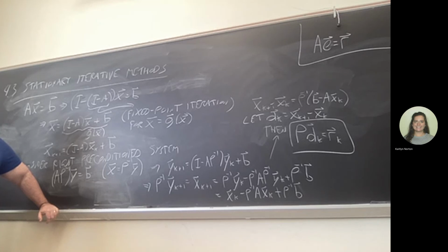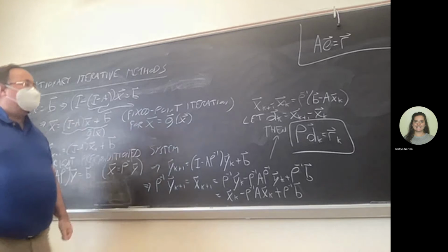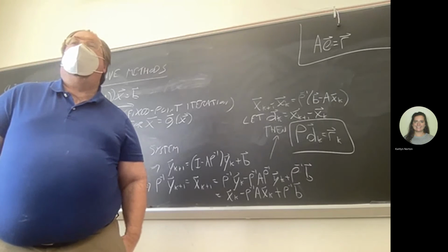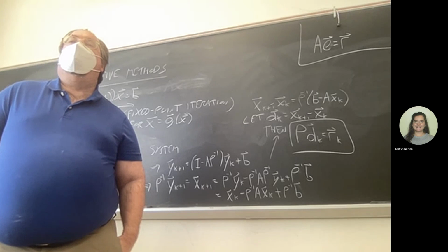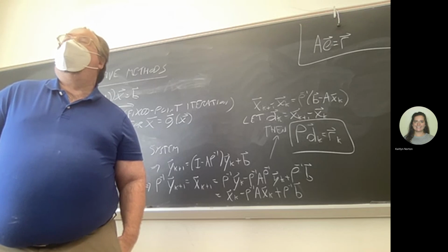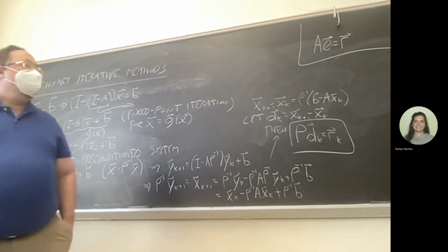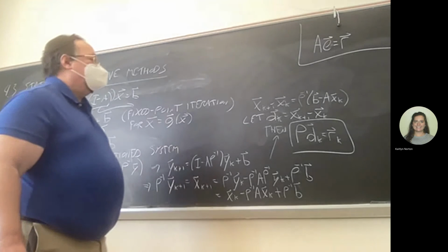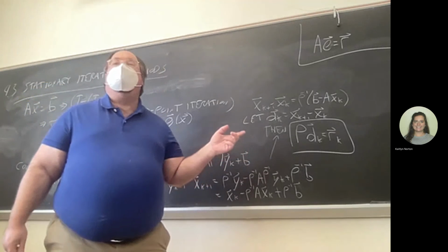Anyone? It's all about the relationship between these two equations. So for example, if I didn't do any preconditioning at all, that would be the same as choosing P equal to the identity.